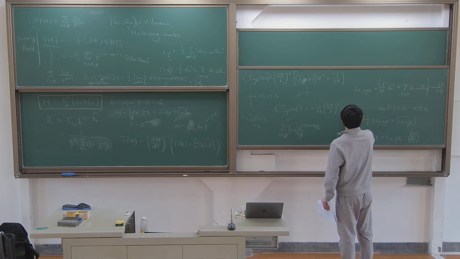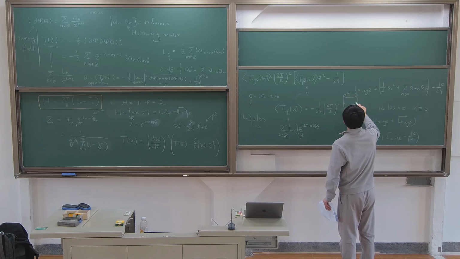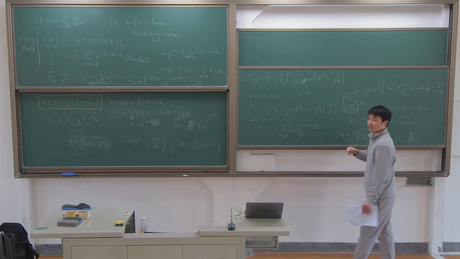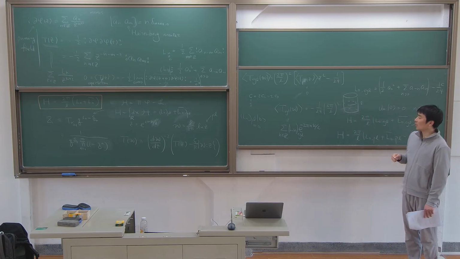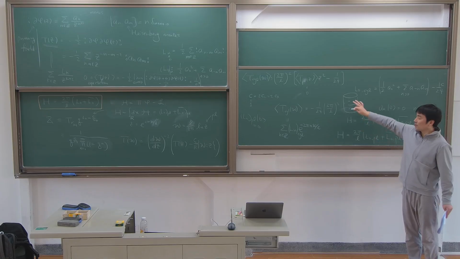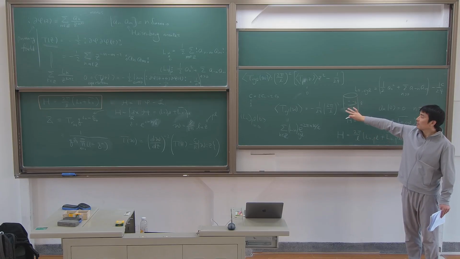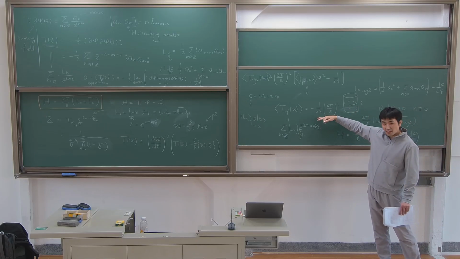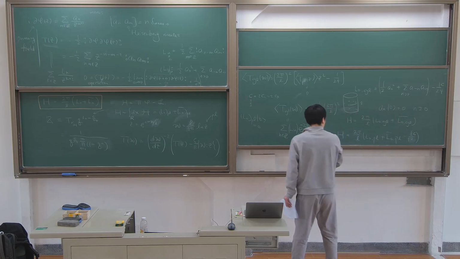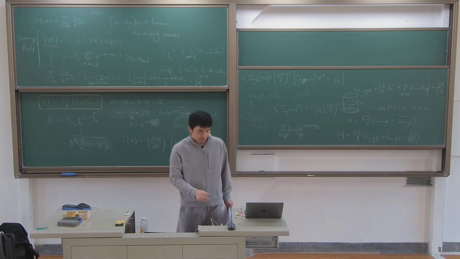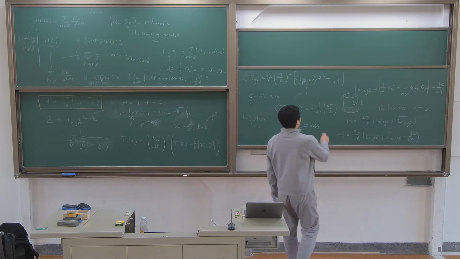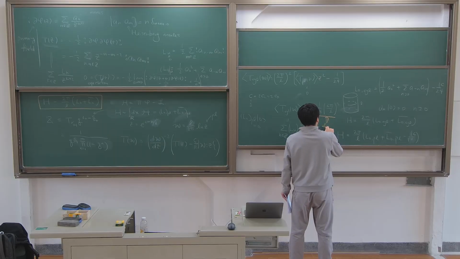So if you just consider a cylinder like this one with radius L, if you put the theory on a finite length, there is some Casimir zero-point energy. That's what you mean. So this is called the finite size effect.